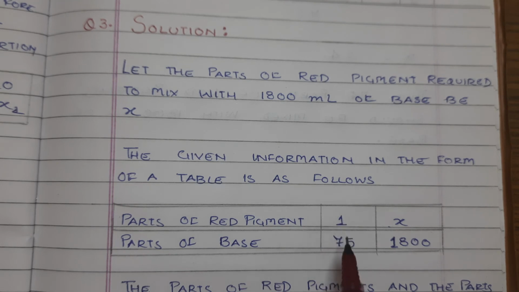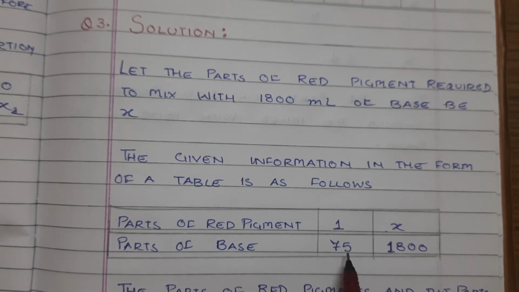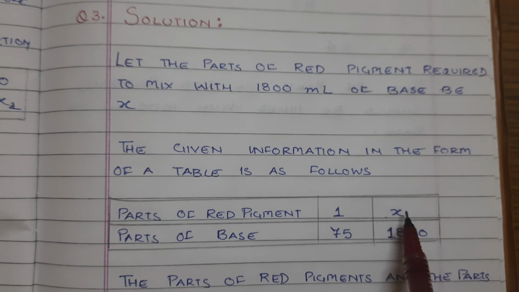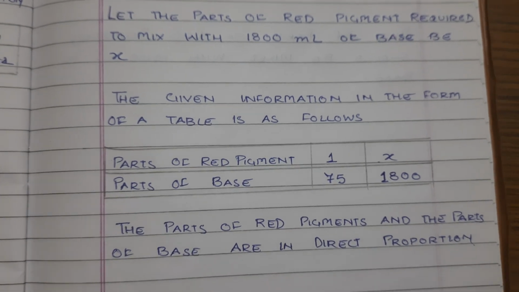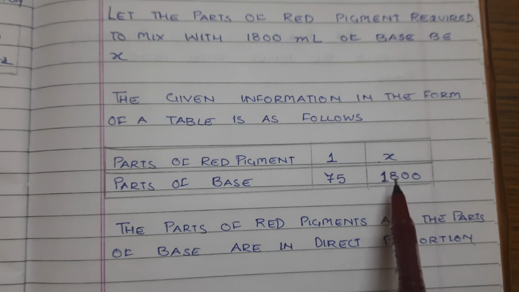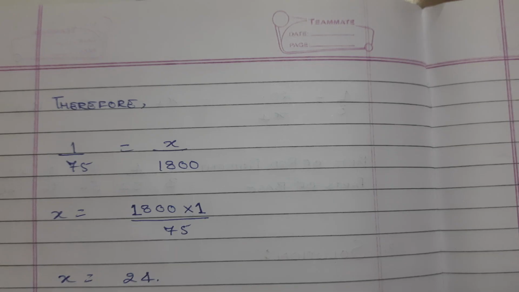So 1 part is mixed with 75 ml, same way x part will be mixed with the 1800 ml. So these are in the direct proportion as it is given. 1 part is mixed with 75, so more will be the part to be mixed with the 1800. So we will calculate it as the ratio x by y will be always constant.